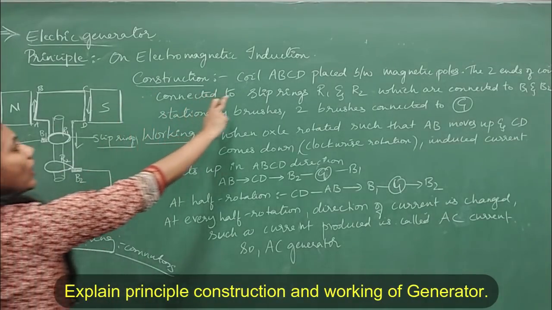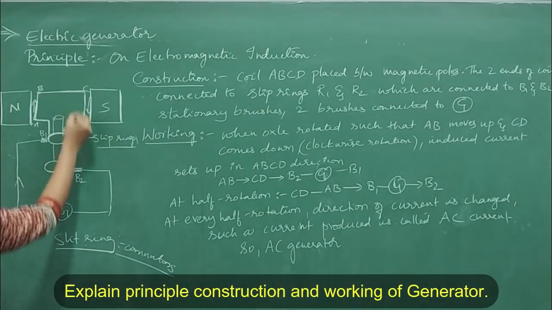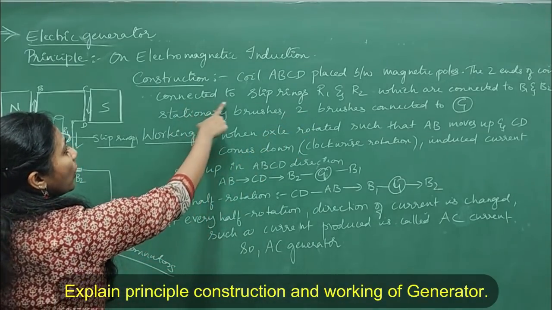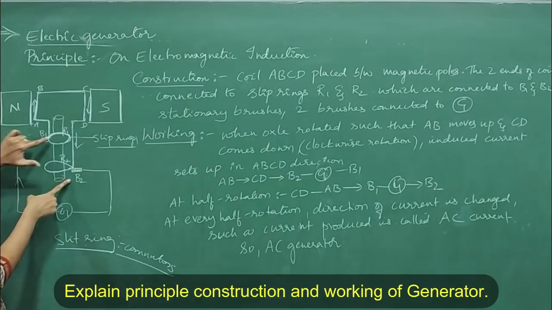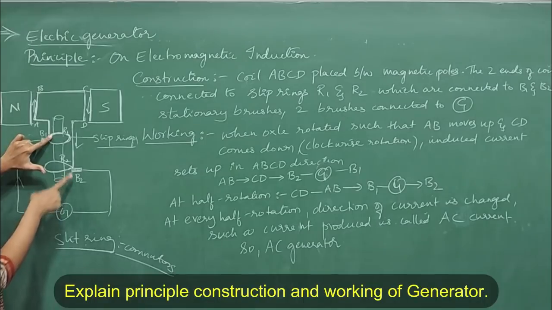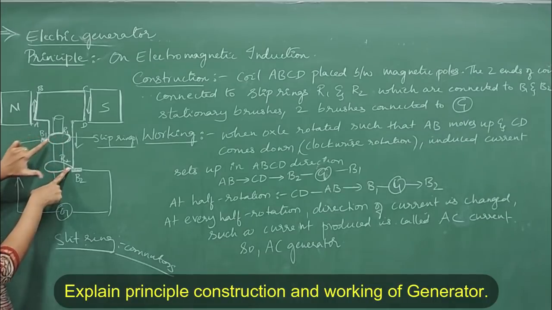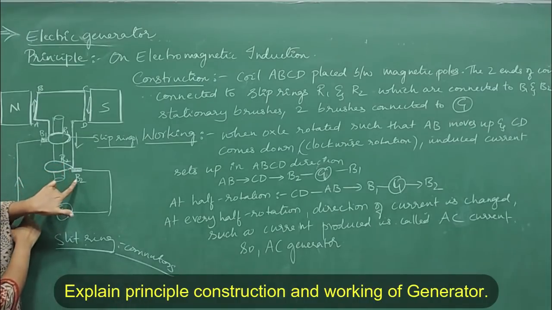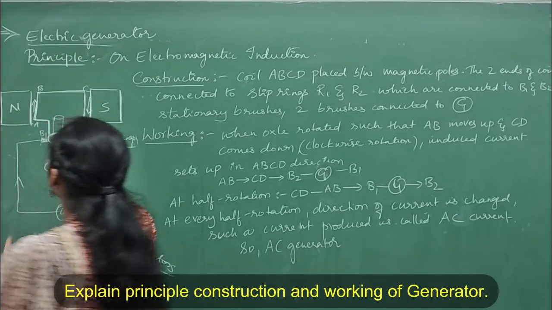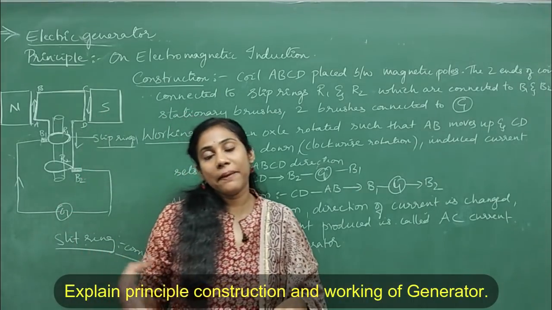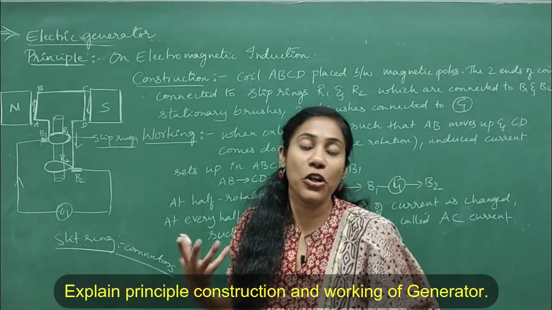That's the construction: coil ABCD placed between magnetic poles, with the two ends of the coil connected to slip rings R1 and R2. R1 is connected to the stationary brush B1, and R2 to the stationary brush B2. B1 and B2 are connected to the galvanometer, which helps us check whether current is produced or not.